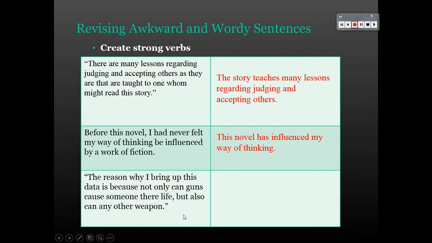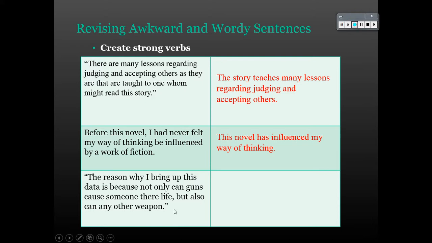All right. "The reason why I bring up this data is because not only can guns cause someone their life." First of all, I think it's supposed to be "cost someone their life," and the appropriate possessive pronoun to describe whose life it is, so we have some basic errors in here. "But also can any other weapon."